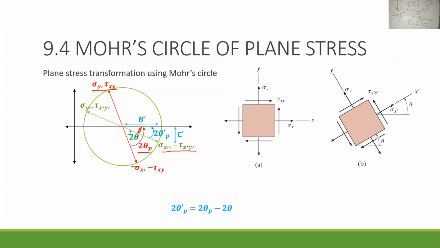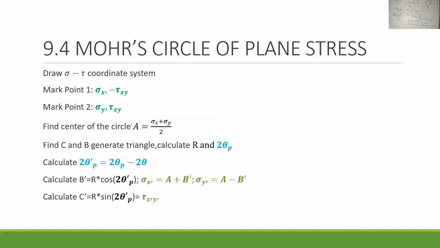So first of all, similarly to the previous strategy, draw a coordinate system, mark the 2 points again, draw the Mohr circle, and calculate theta p. Then we find 2 theta p, the theta prime p value.